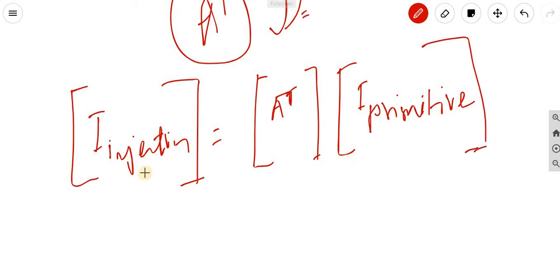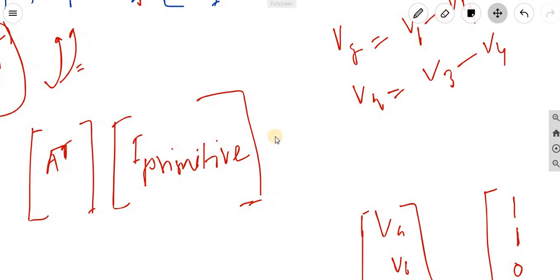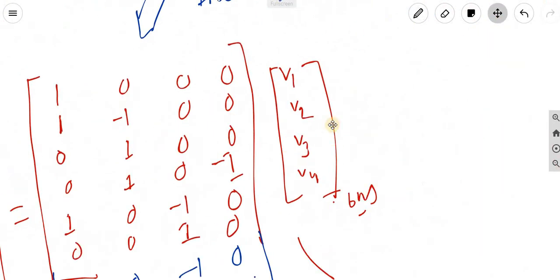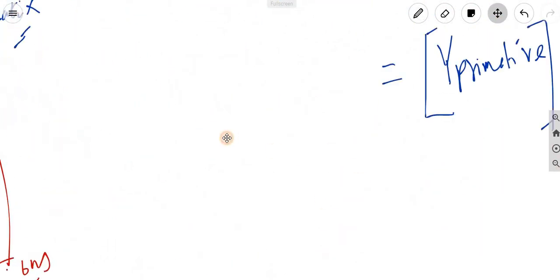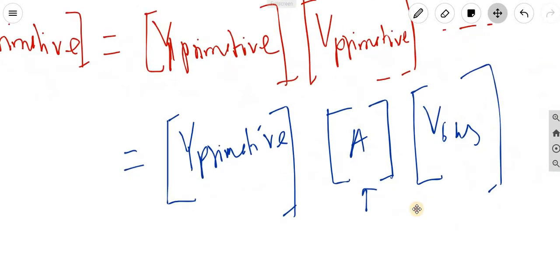Okay, I primitive. So I injection, A transpose and I primitive. So this is also one equation you should remember. Okay, now where we left that equation is I primitive, Y primitive, A and Ybus.